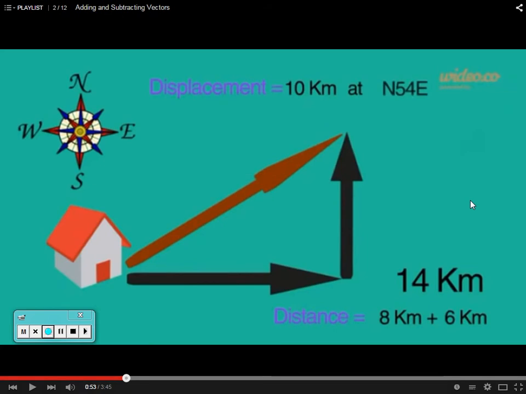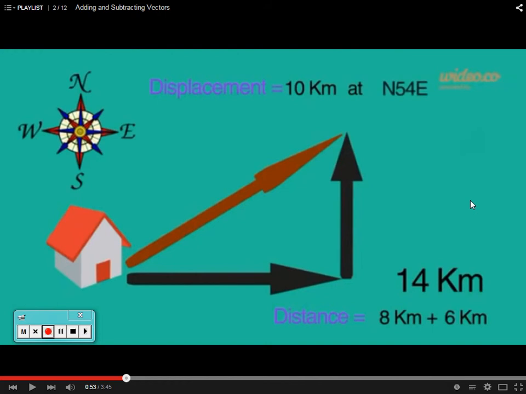So are we okay with the difference between displacement and distance? Now, have a look at that triangle there. That means that we should be able to use that triangle and say, okay, how do I add 2 vectors? This is a vector because I firstly displaced myself 8 kilometres east, didn't I? I walked 8 kilometres east.